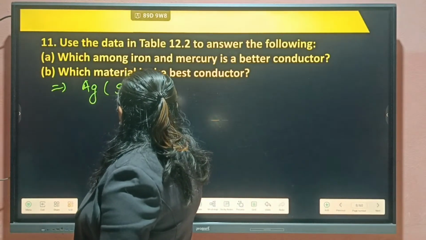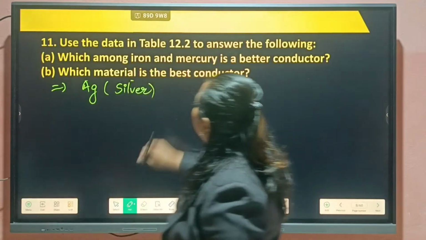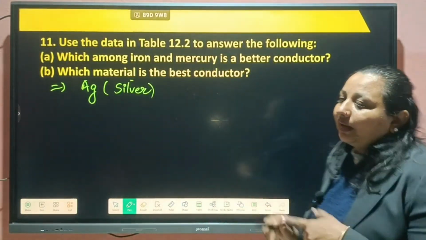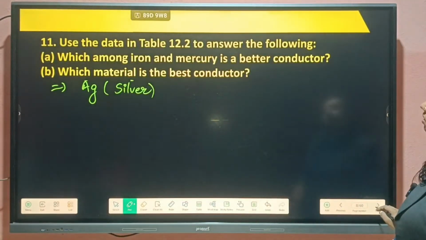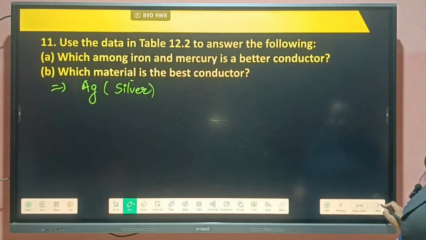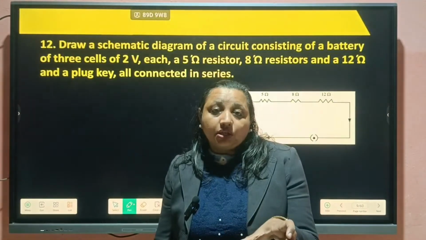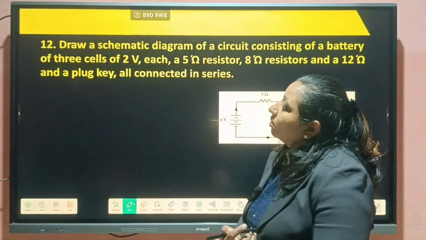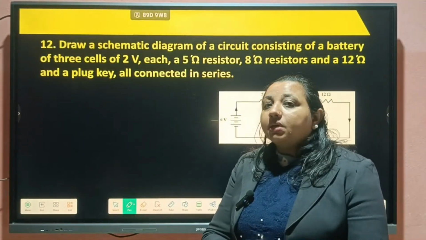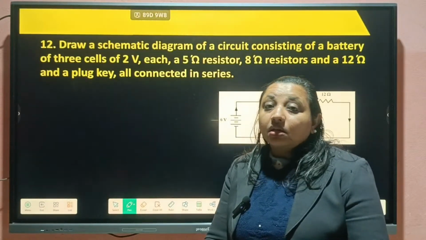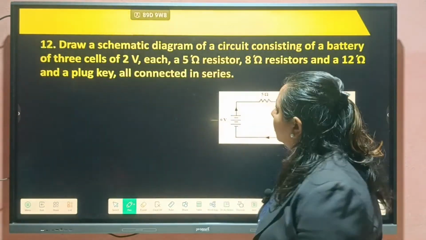Silver is the best conductor. You can do this question by seeing that table, in which resistivity is given. And what is the relation between resistivity and conductivity? They have an inverse relation. Conductivity is represented by sigma. Sigma is the reciprocal of resistivity, that is, the inverse of rho.